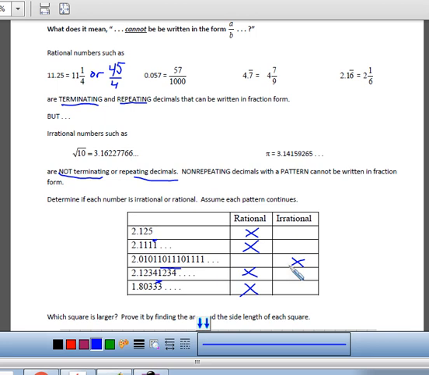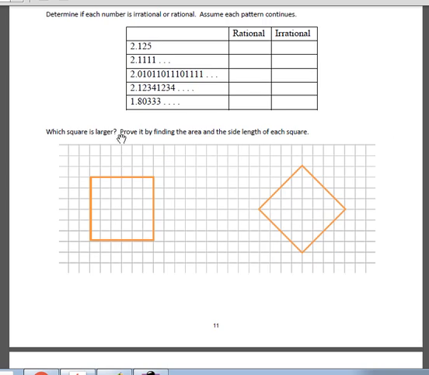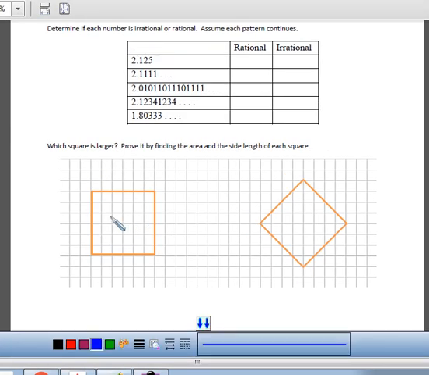Okay, now a little bit of a challenge down here at the bottom. Which square is larger? Prove it by finding the area and side length of each square. Originally I was going to do this with you in the video, but you know what? This would be a nice challenge. The first one's pretty easy. This is 6 by 6. So finding the area will not be that difficult.